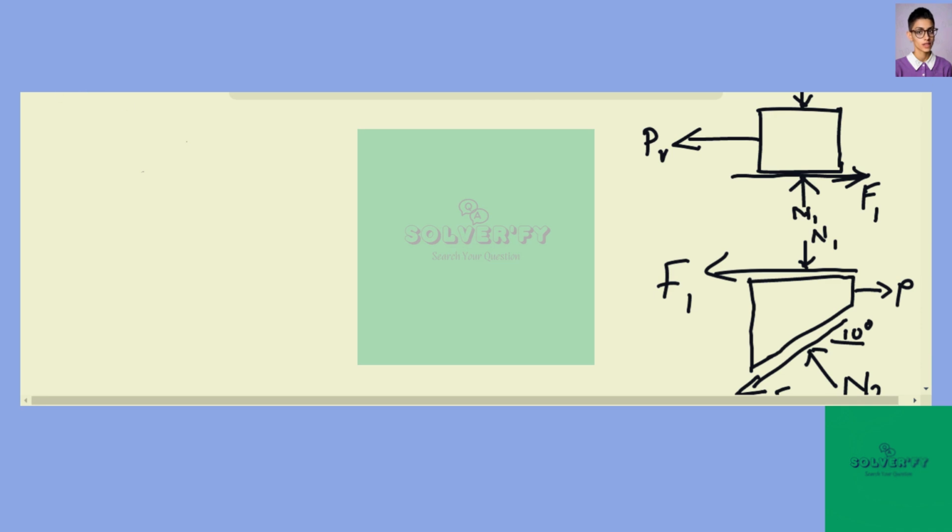Let's say for the top diagram, consider equilibrium in the vertical direction, which is going to be zero, so that we have minus Pc plus N1 equal to zero.